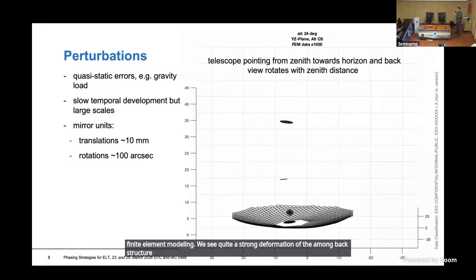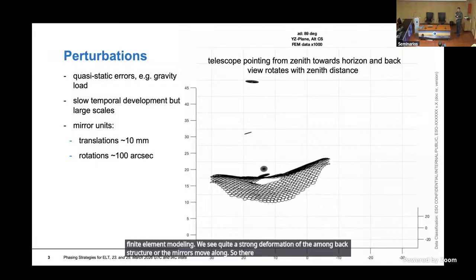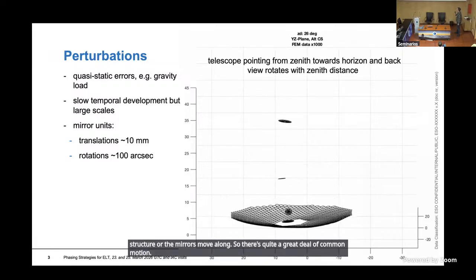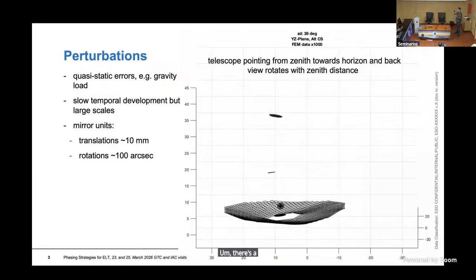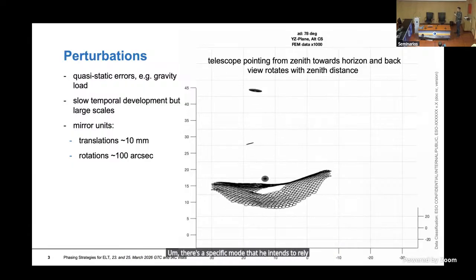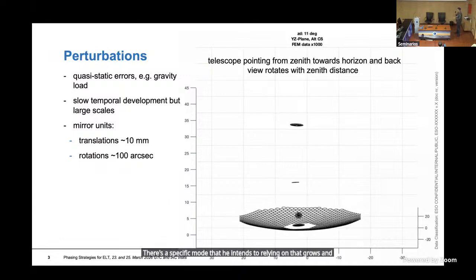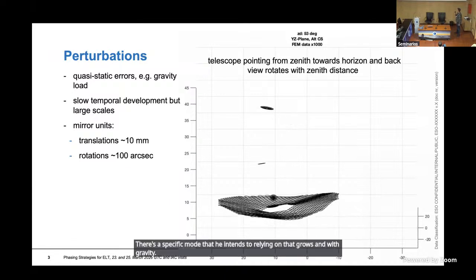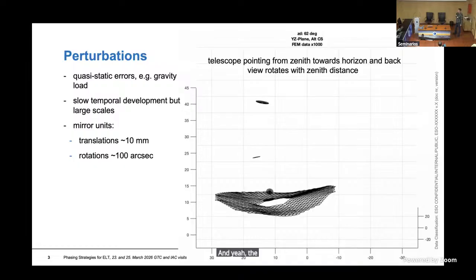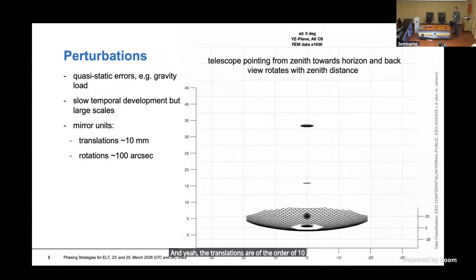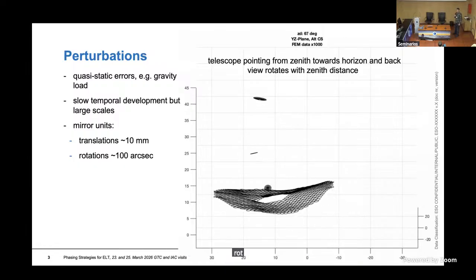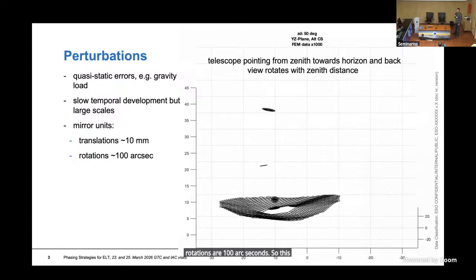All the mirrors move along, so there's quite a great deal of common motion. There's a specific mode of the telescope alignment that grows with gravity. The translations are of the order of 10 millimeters here. Rotations are 100 arc seconds. So this is what gravity alone does.